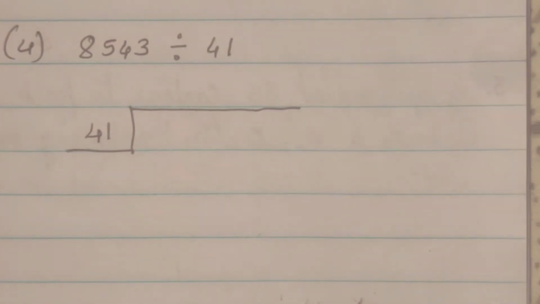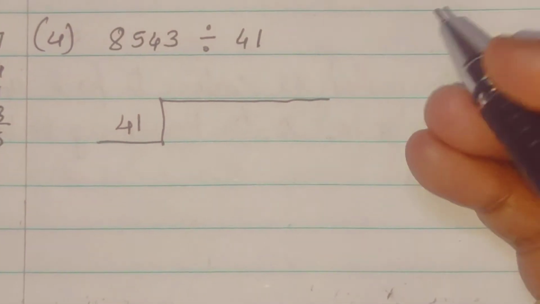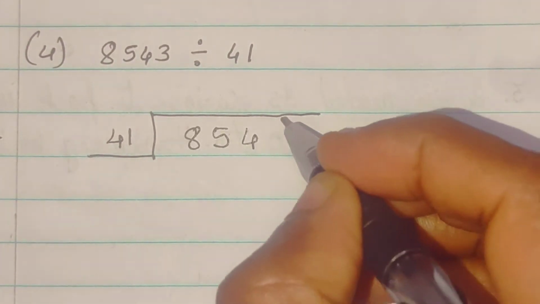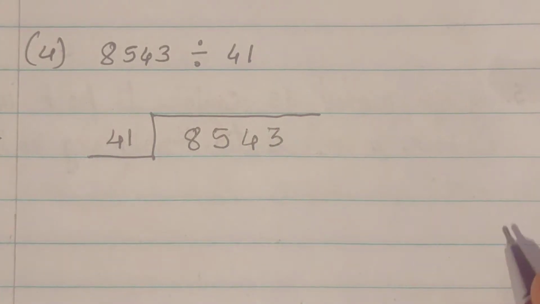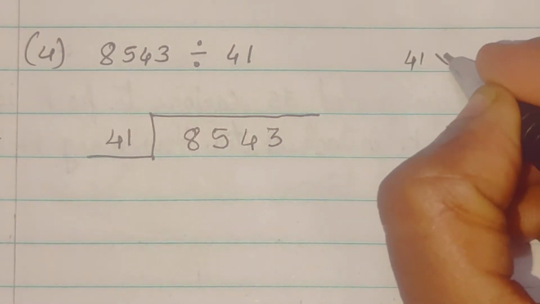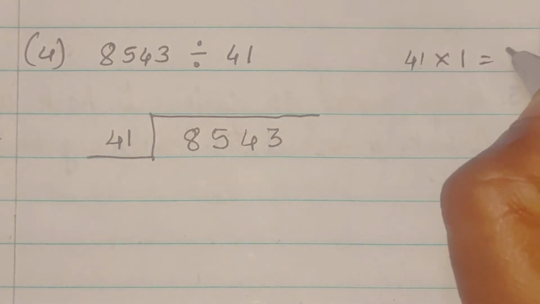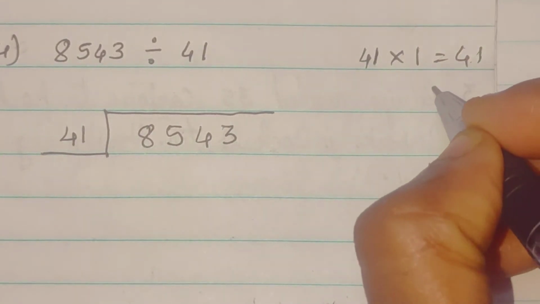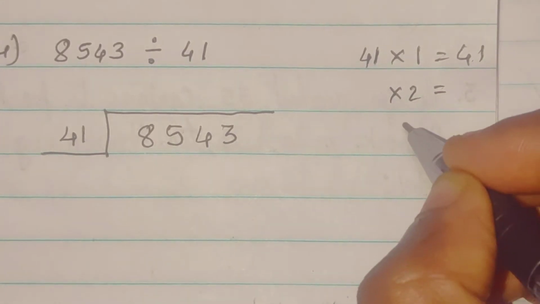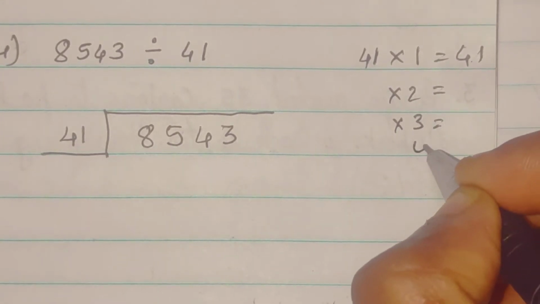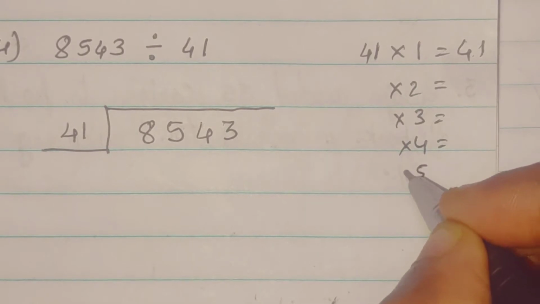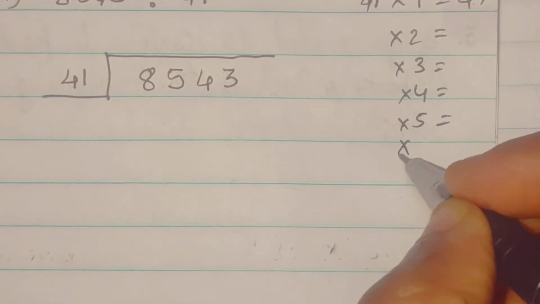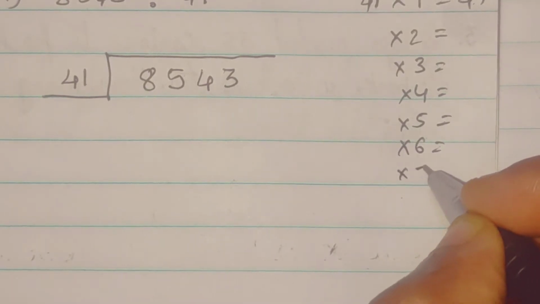Now fourth sum: 8543 divided by 41. So 41 ones are 41. 41 2s are, 3s are, 4s are, 5s are, 6, 7.